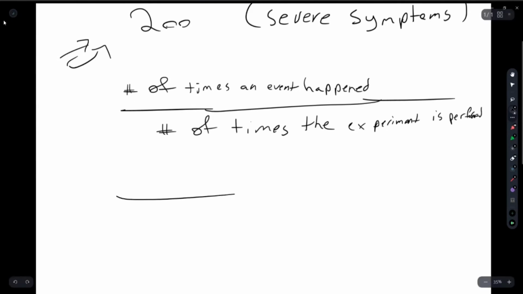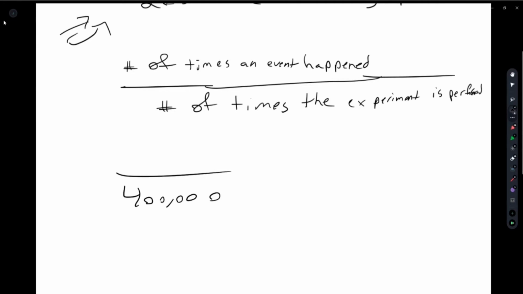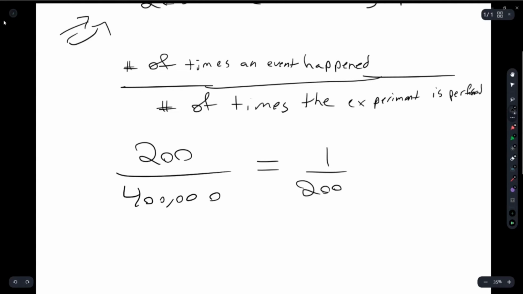So the denominator will be 400,000. The reason is that when a person gets infected, he goes through the chance of suffering severe symptoms. So back to the numerator, the number of times an event happened. The event in this case is the severe symptoms, so it is 200 over the 400,000. So it's 1 over 2,000. So it's 0.0005.